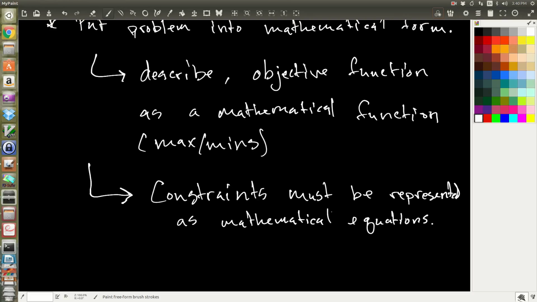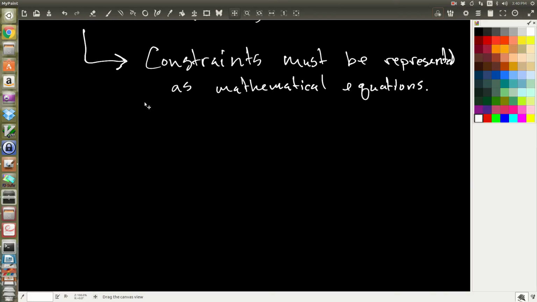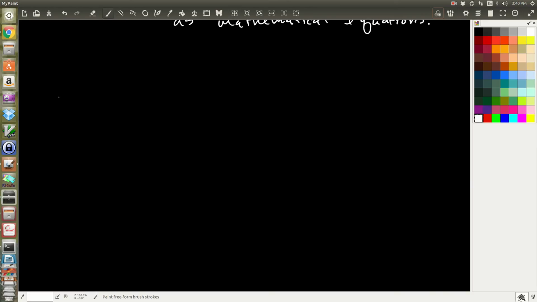All right, so we're going to talk about several different types of optimization, and kind of the main type of optimization I've been describing here is constrained optimization. But let me just write down types of optimization here. So I'm talking about different types of optimization.